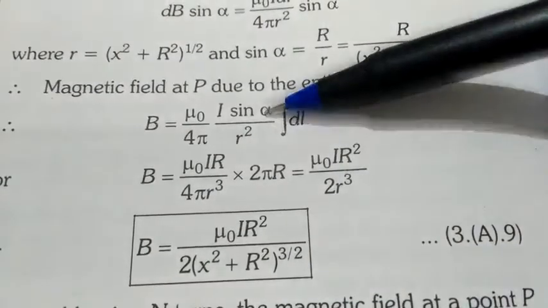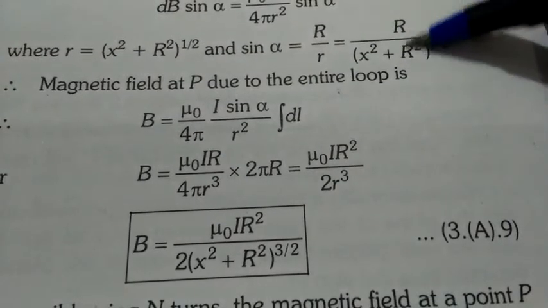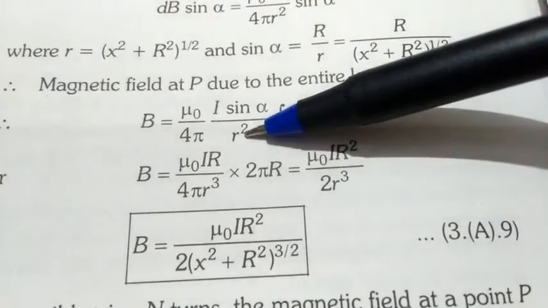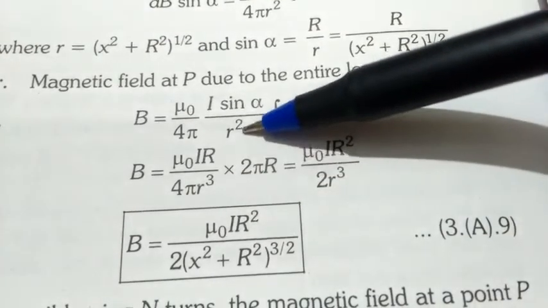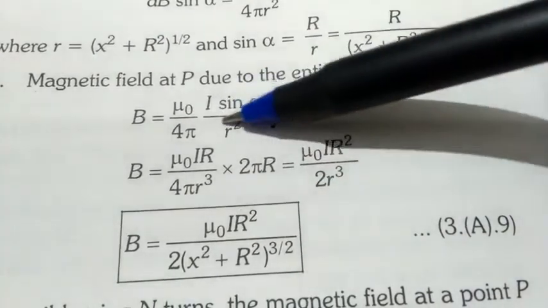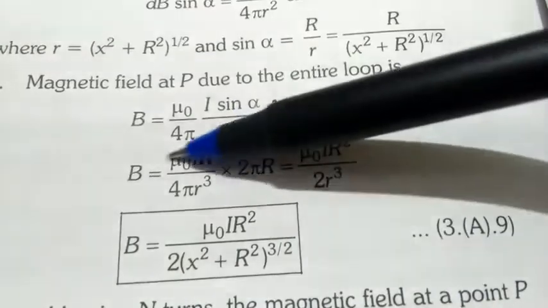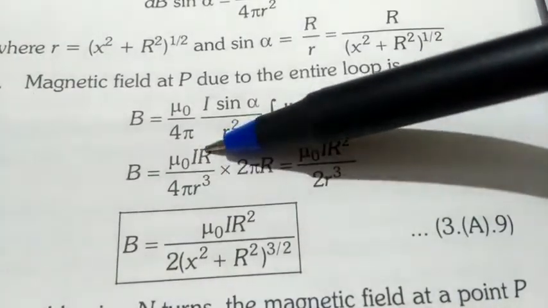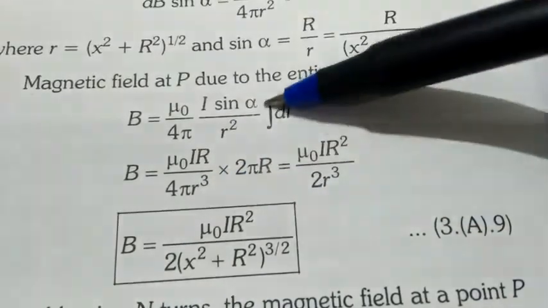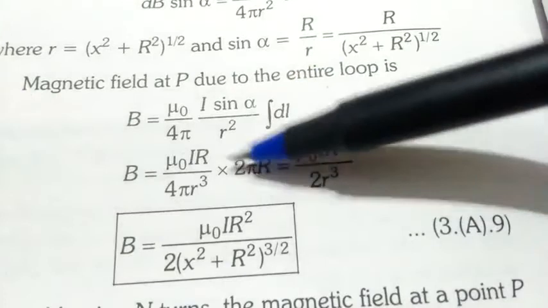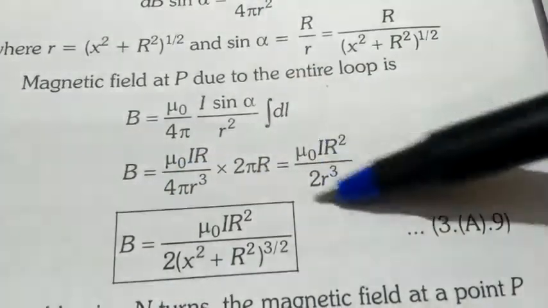And in place of sine alpha, we put this value. We don't change anything for r. We simply have put sine alpha's value and solved it. So we got this equation, mu naught I R upon 4 pi r cube into 2 pi R, which we get by integrating dl. Then when we cancel out the terms, we get this equation.